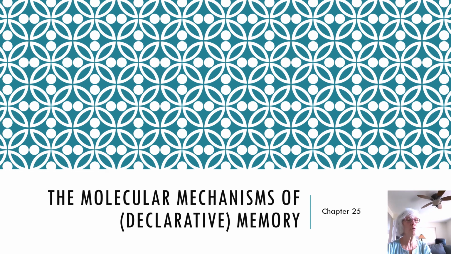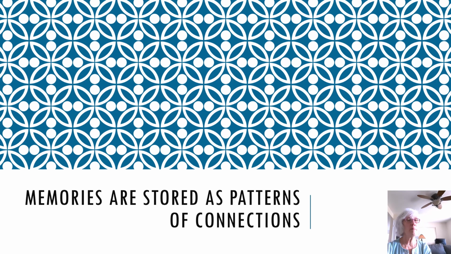It's probably true that the same sorts of mechanisms, perhaps in different brain areas, but similar mechanisms, are involved in all non-declarative memories as well. So remember that we said memories are stored as distributed connections between neurons within the cortex.